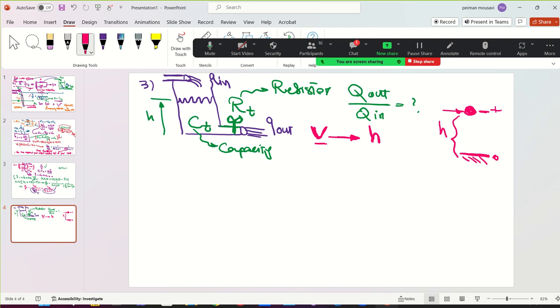In analogy, voltage is height of the flow in the tank. So the resistor of the RC circuit, we have RT, tank of the valve resistor. Capacity in capacitor is the capacity of the tank, CT. When you're going shopping and you're buying 1 liter of water, it's the capacity, CT.